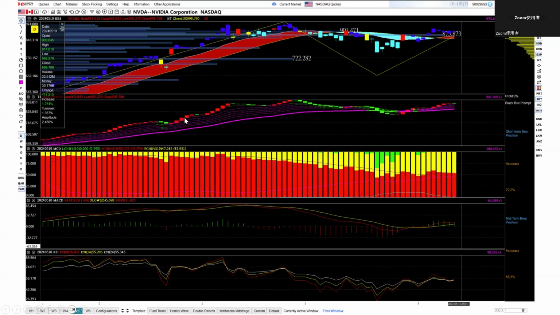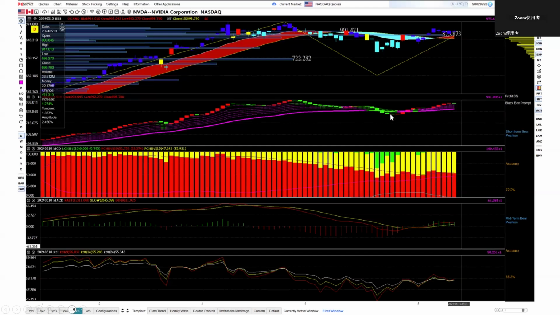However, there are some bars and also some lines which I would like to talk about. First of all, you will find the red bar and also the green bar, but very small ones. The red bar is short-term uptrend, while the green bar is short-term downtrend.